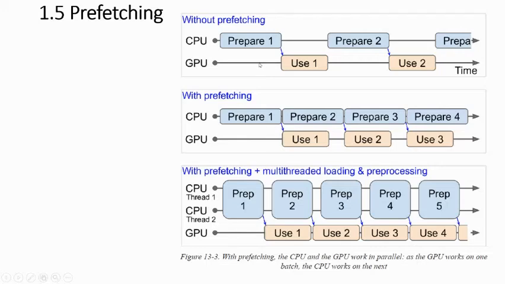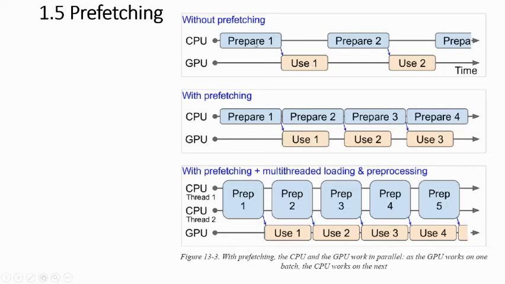In this first diagram, we are first preparing the data set. The CPU is used to prepare the data set per batch, and then we give it to the GPU for training. This is going on sequentially, one at a time.